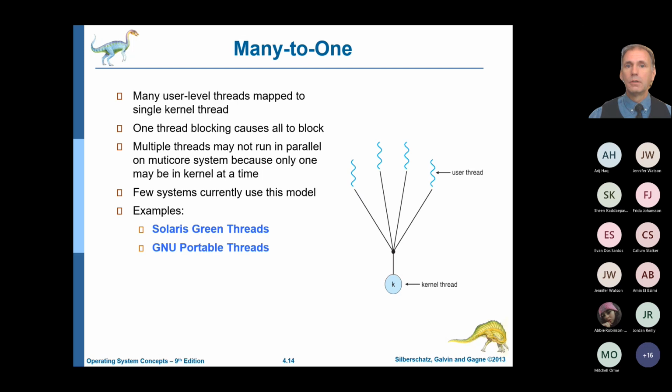So the first thing that could happen is we could have lots of user threads, and they are all run by a single kernel thread. And if there's only one kernel thread, then there wasn't an awful lot of point doing this in the first place, because they can't be run in parallel. Sometimes that might just be life.